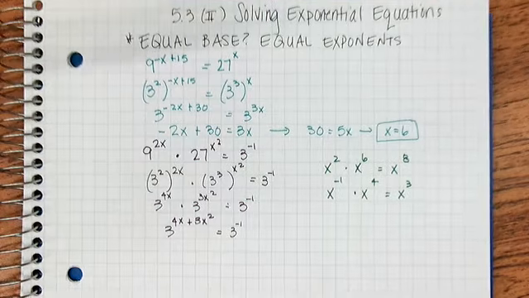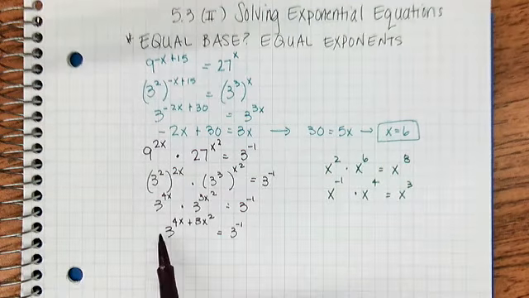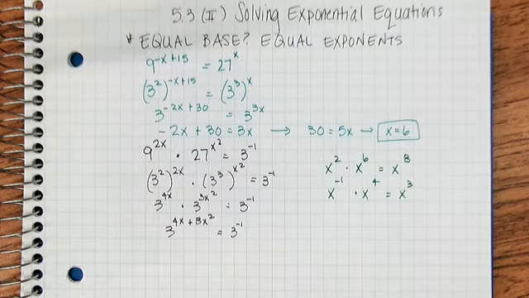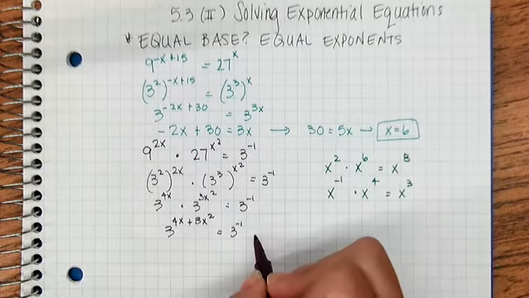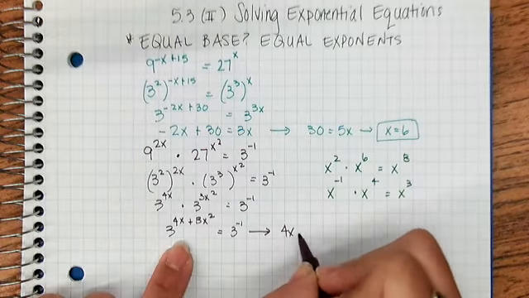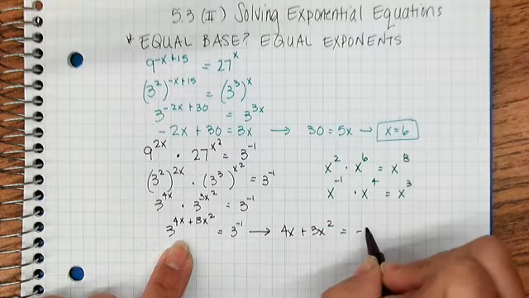Great. Bases are the same. Equal base, equal exponents. Do not cross off the 3's. If you do that, you better hide it when you're turning in your homework because that is so voodoo. So this becomes 4x plus 3x squared equals negative 1.